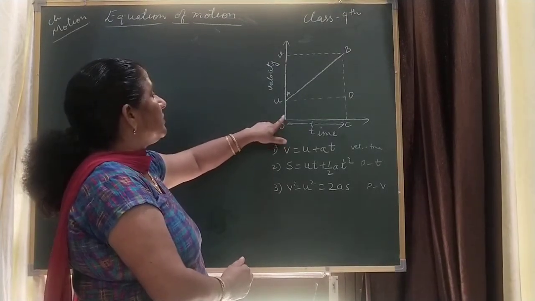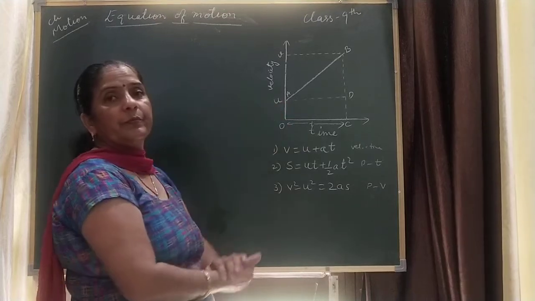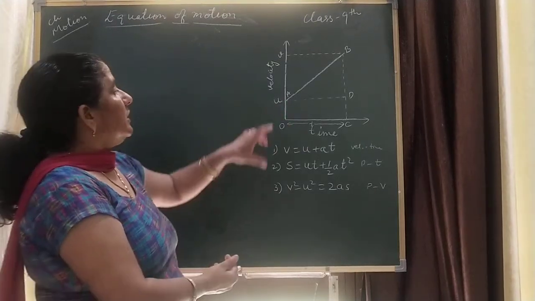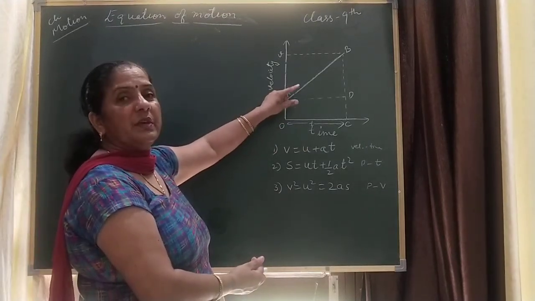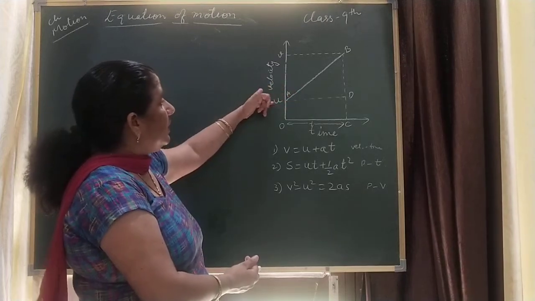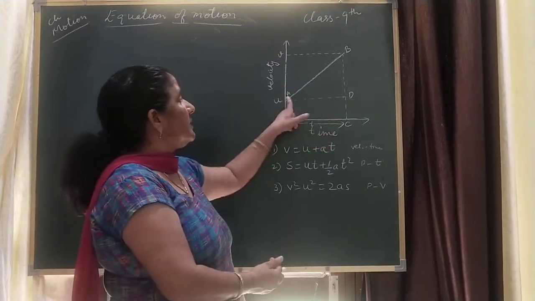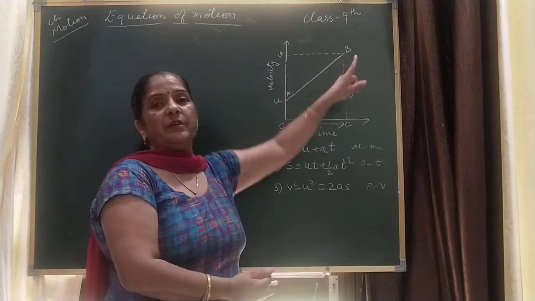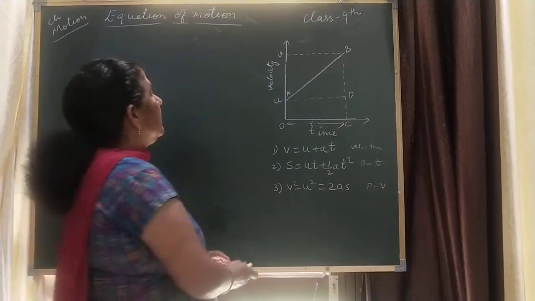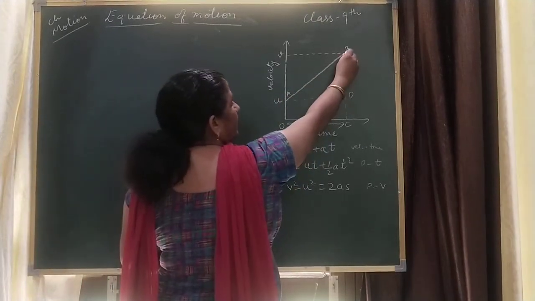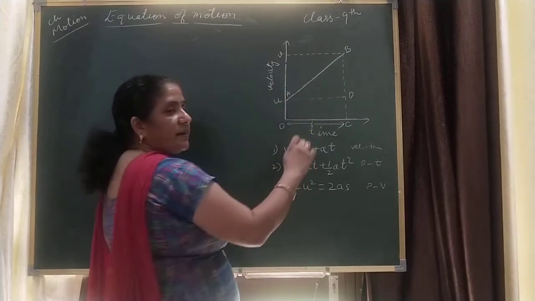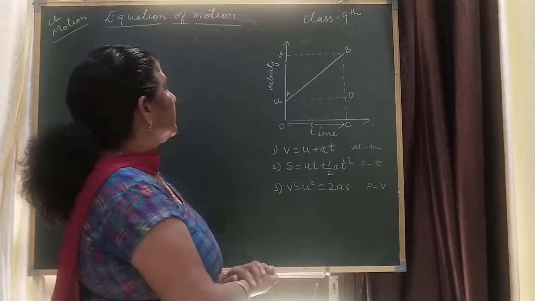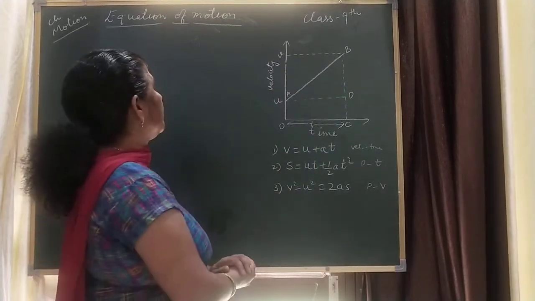The initial velocity of the body is u. बेटा इसमें मैंने वो ग्राफ ड्रॉ की है जिसमें इनिशियल वेलोसिटी उसकी u है और आफ्टर टाइम t इट्स वेलोसिटी बिकम v. So this AB line represents the acceleration, which means with the help of it we can calculate the acceleration.